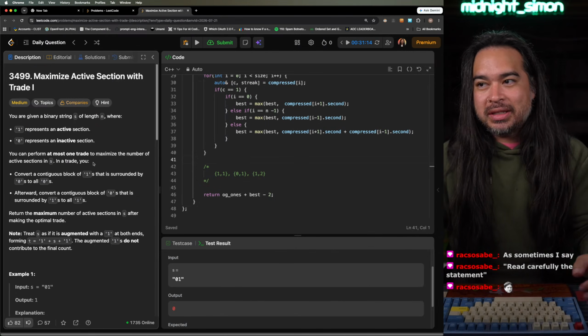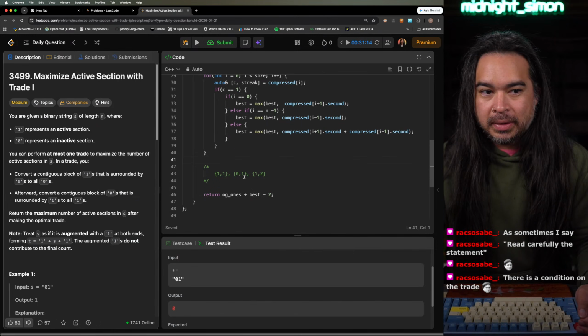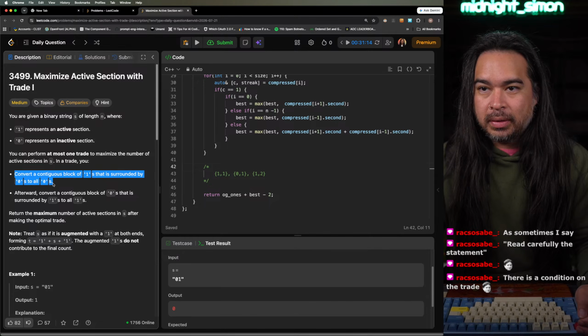Man, what am I missing in the problem statement? The augmented ones do not contribute to the final count. There's a condition on the trade. Oh, this one? Afterwards, converts a contiguous blocks of 0.